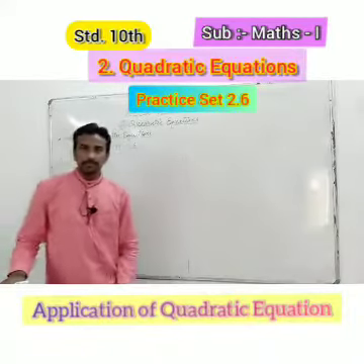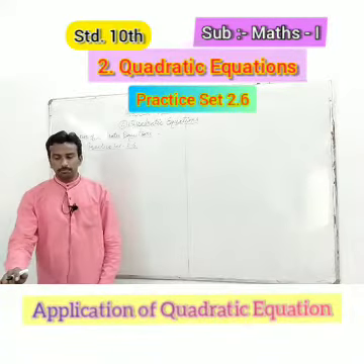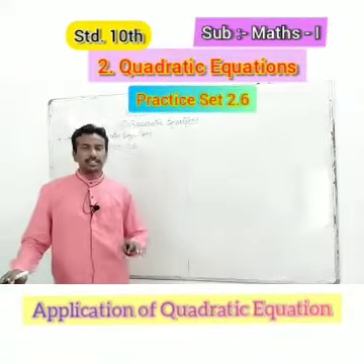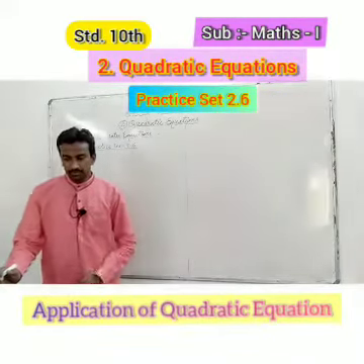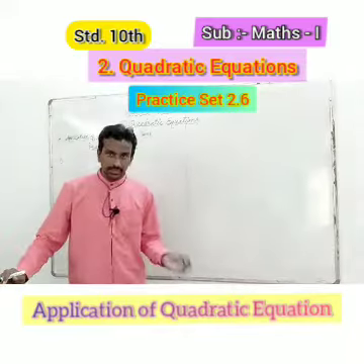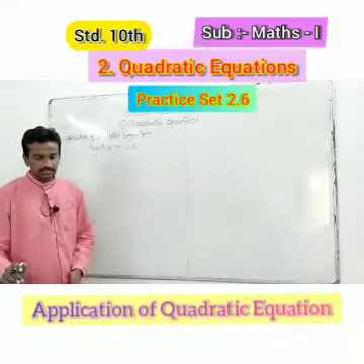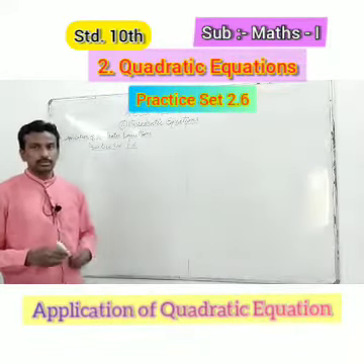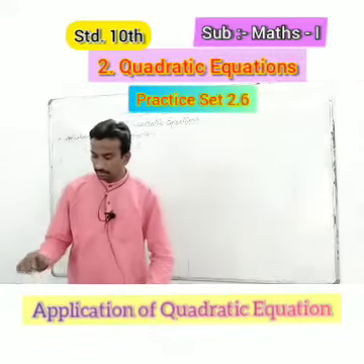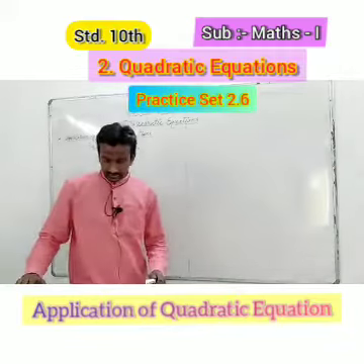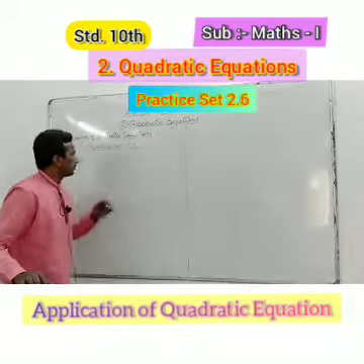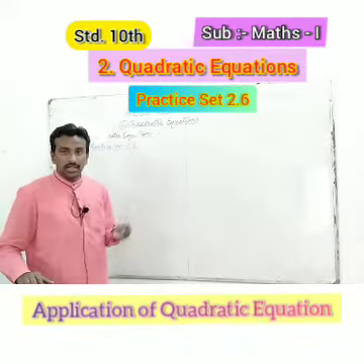Example number 1: The product of Pragati's age 2 years ago and 3 years hence is 84. Then find her present age. Means we have to understand the problem first, read carefully, and then we have to know which are the unknown identities.